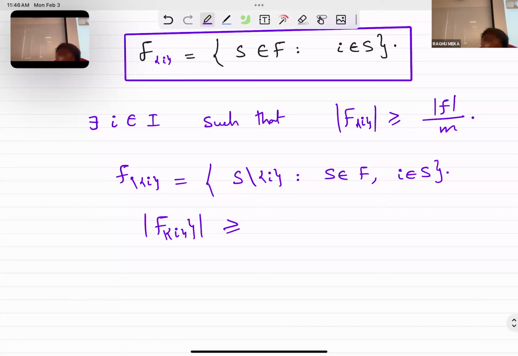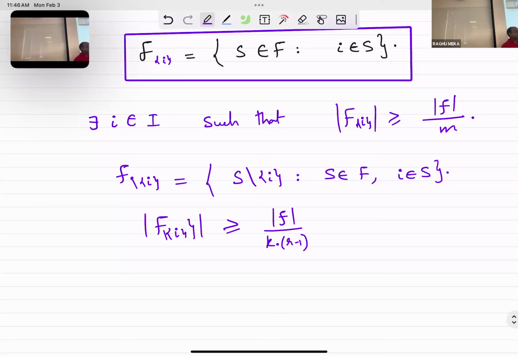It is at least the size of F divided by K times R minus 1.